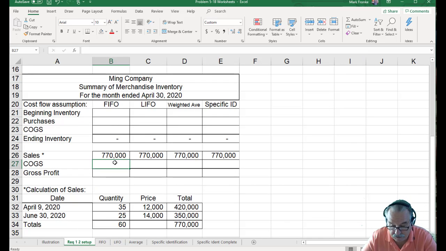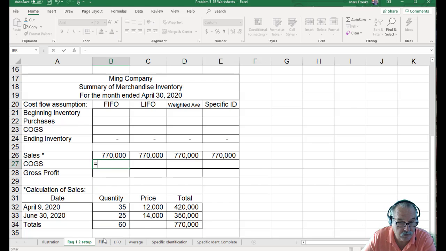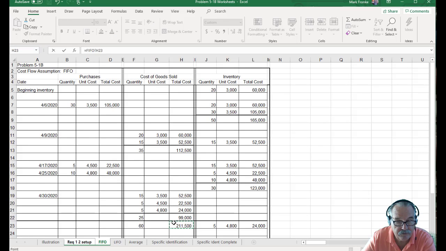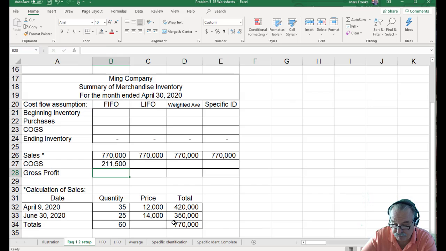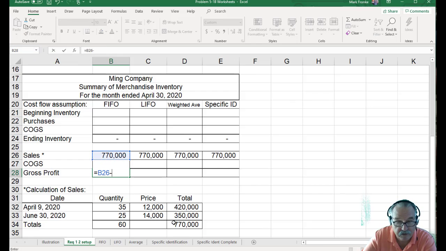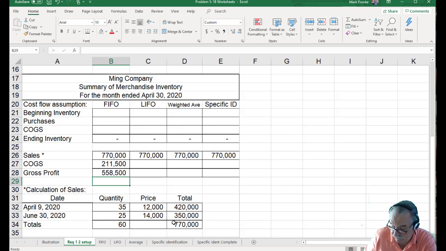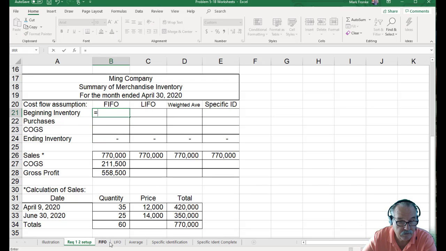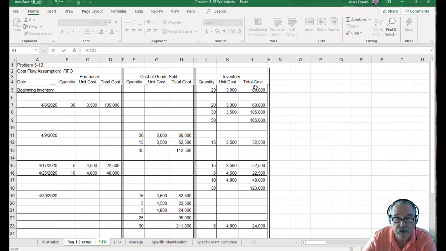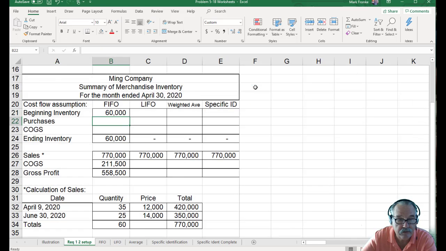and plug in the cost of goods sold of $211,500, which means our gross profit is $558,500. And our beginning inventory, just to roll forward this, is 60,000.